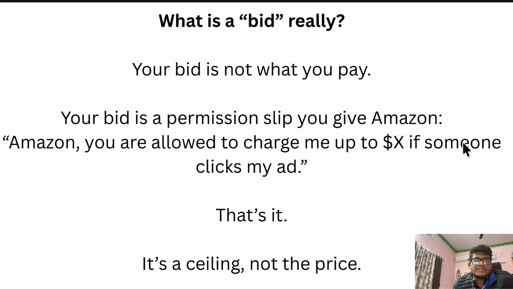If you put the bid as $2, that means you are giving Amazon $2 as a ceiling, that yes, up to $2 you can spend on this click for that particular keyword. That is basically the bids. You are giving Amazon a particular ceiling of the amount, $2, $5, whatever it is.